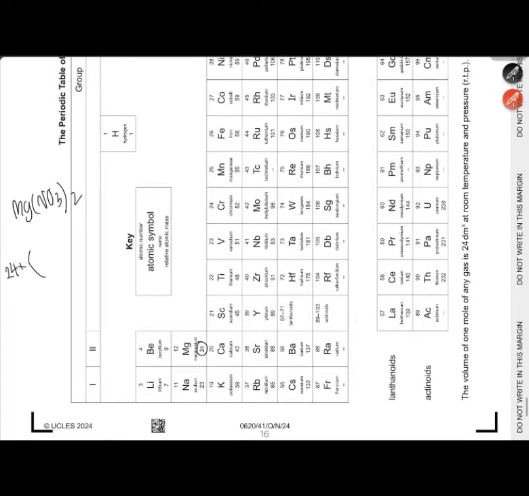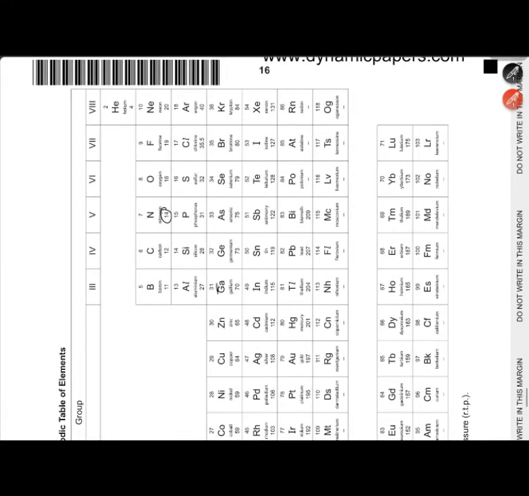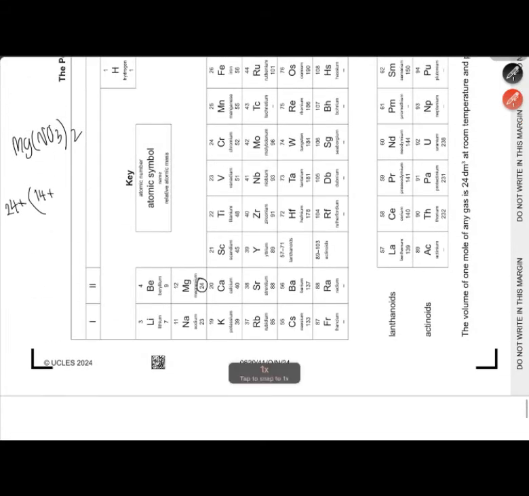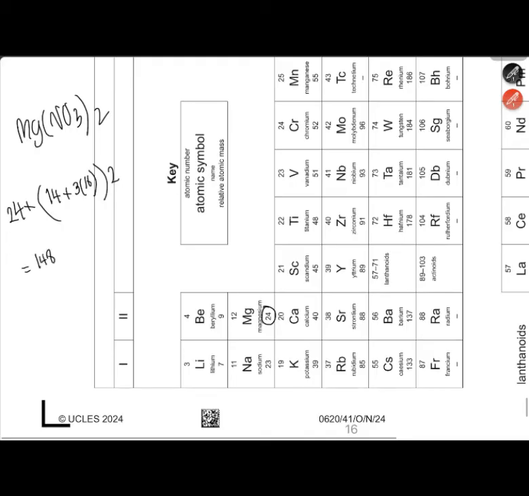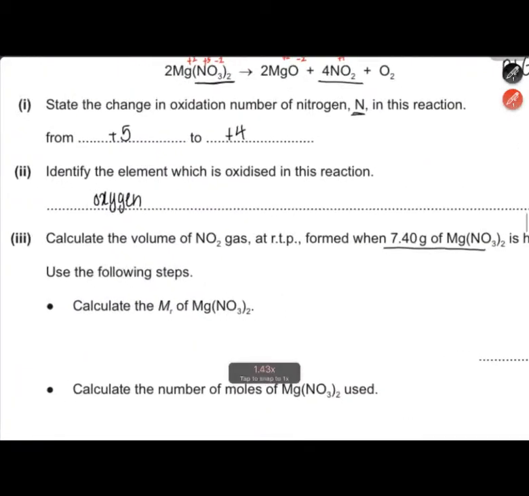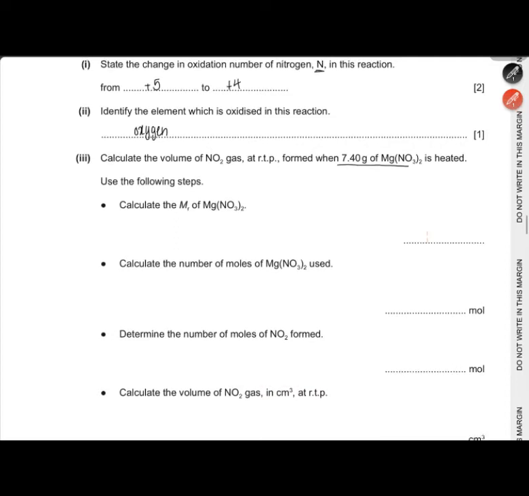Magnesium is 24 plus nitrogen is 14, plus oxygen is 16, plus 3 into 16, all of this multiplied by 2, and we get 148. Make sure to write them here, okay?